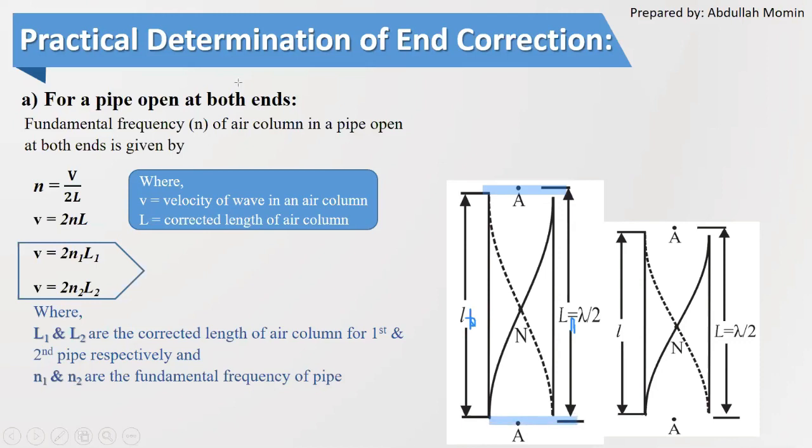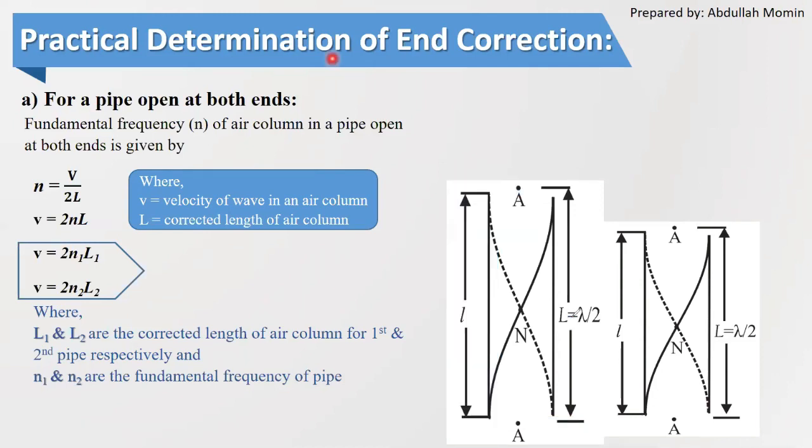So now we have two end corrections because we have two open ends. So the total length of this pipe can be written as small L1 plus E plus E, that can be written as small L1 plus 2E.